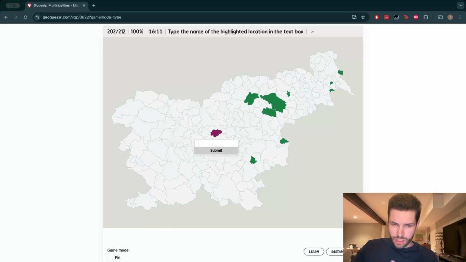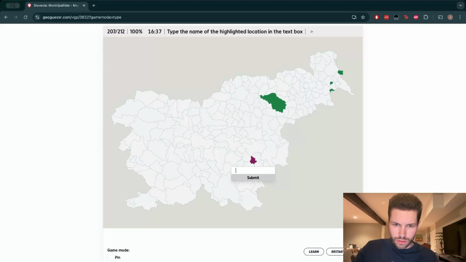Škofljica. This one is Moravče. That is Miklavž na Dravskem polju. Slovenske Konjice. That is Mislinja. Bistrica ob Sotli.